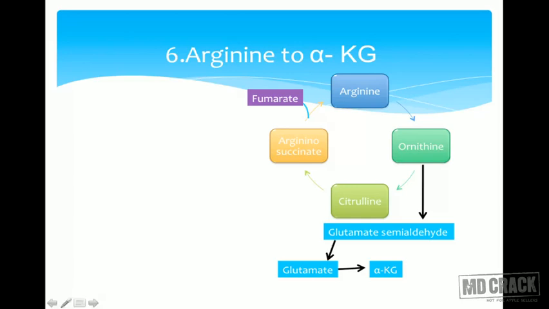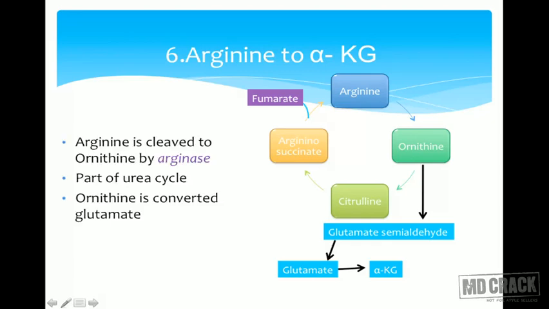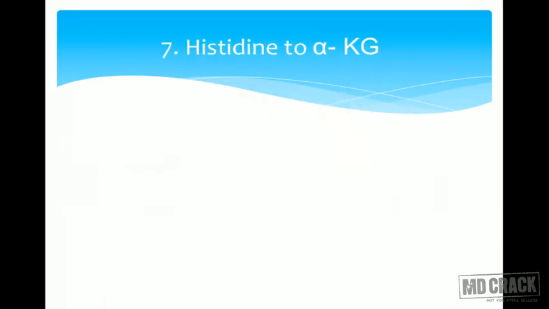Ornithine can be converted to glutamate semialdehyde, which forms glutamate and alpha-ketoglutarate. Again, I am not emphasizing the different pathways. I am just telling you briefly so that you will have an idea. That's all is enough.